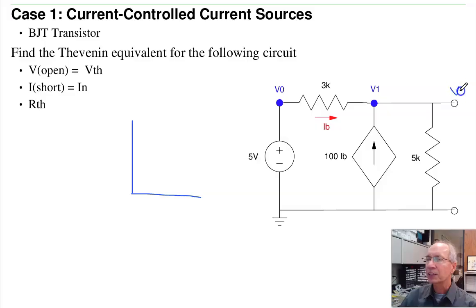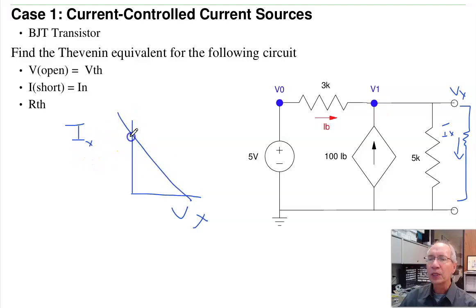If I call this Vx, I have a resistor over here, and that's Ix. I know the load line is going to look like this. What are these 2 points? That's the short circuit current. This is the open circuit voltage, and the slope, voltage over current, is resistance, R Thevenin. So let's find that.